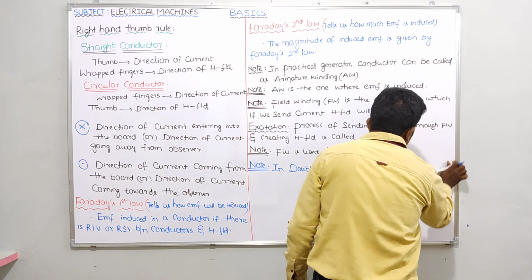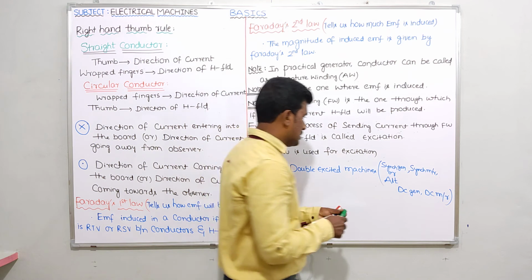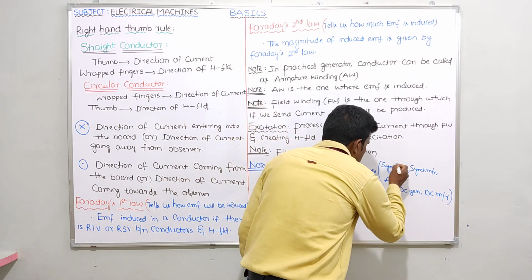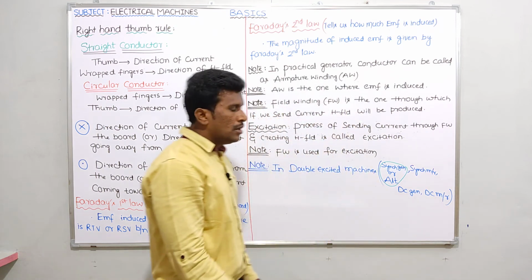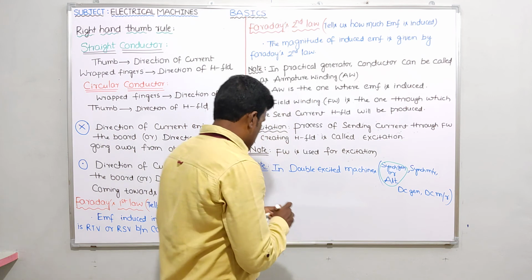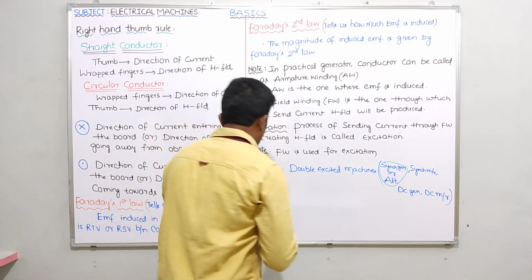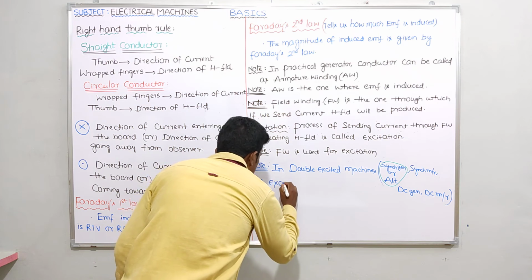So these four machines can be called double excited machines. Please try to remember, synchronous generator can also be called alternator. Don't get confused with this. So in double excited machines, in all those four machines, DC excitation is used.